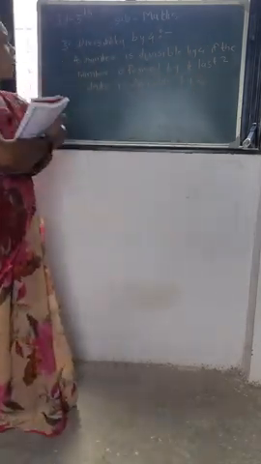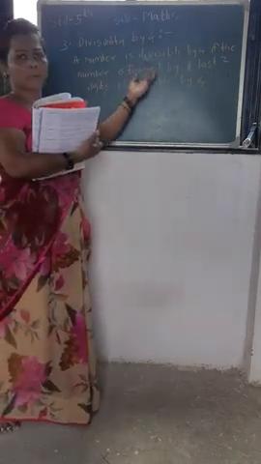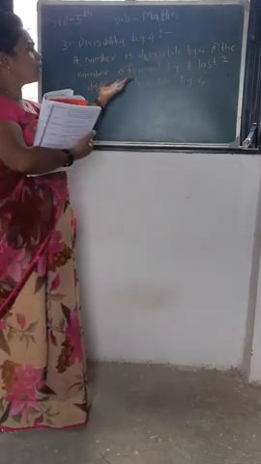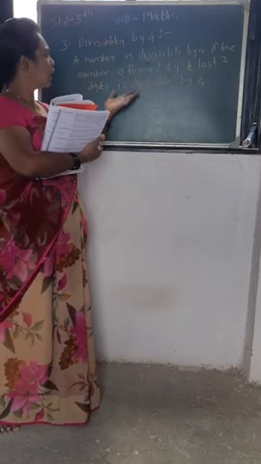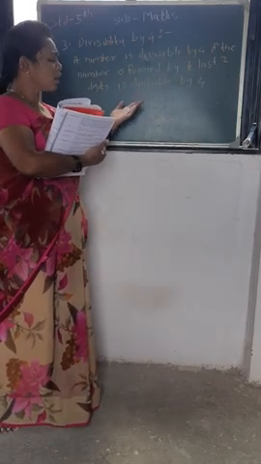Rule 3 says that a number is divisible by 4 if the number formed by its last two digits is divisible by 4.